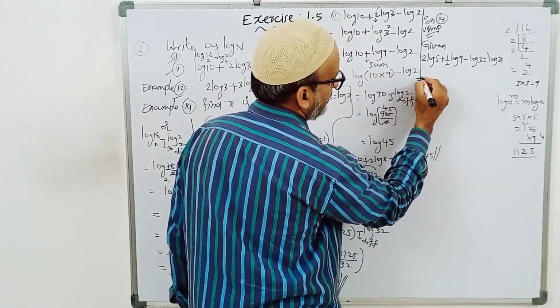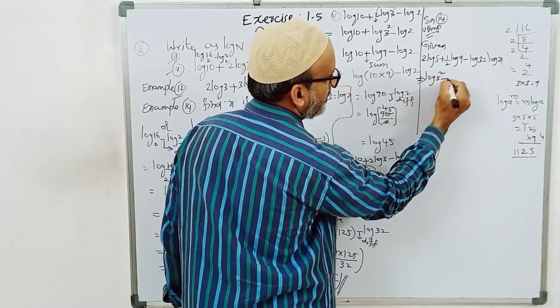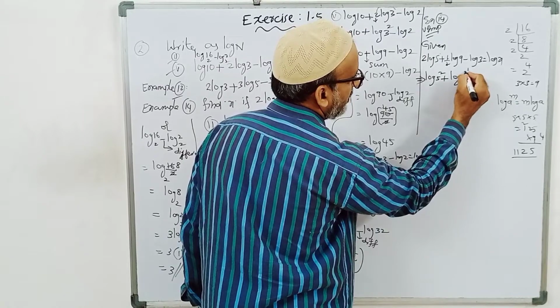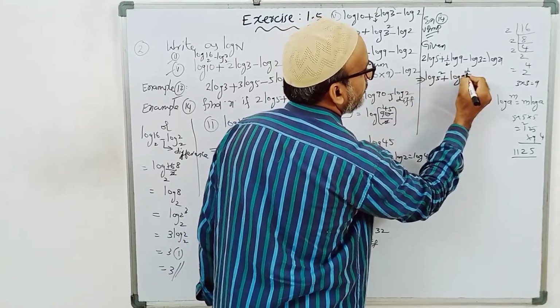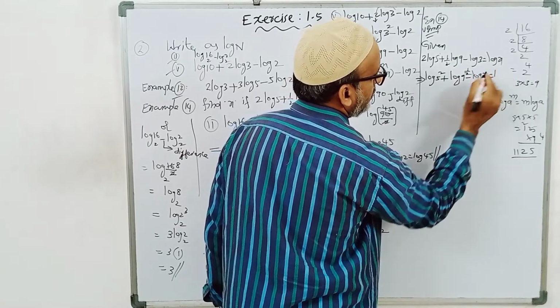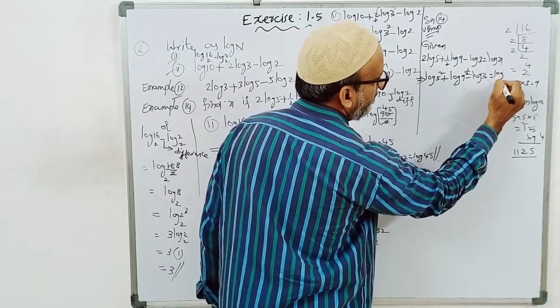Implies, you see, the coefficient will go to the degree: logarithm of 5 square, plus logarithm of 9 to the power of 1 by 2, minus the single logarithm of 3, is equal to logarithm of x.